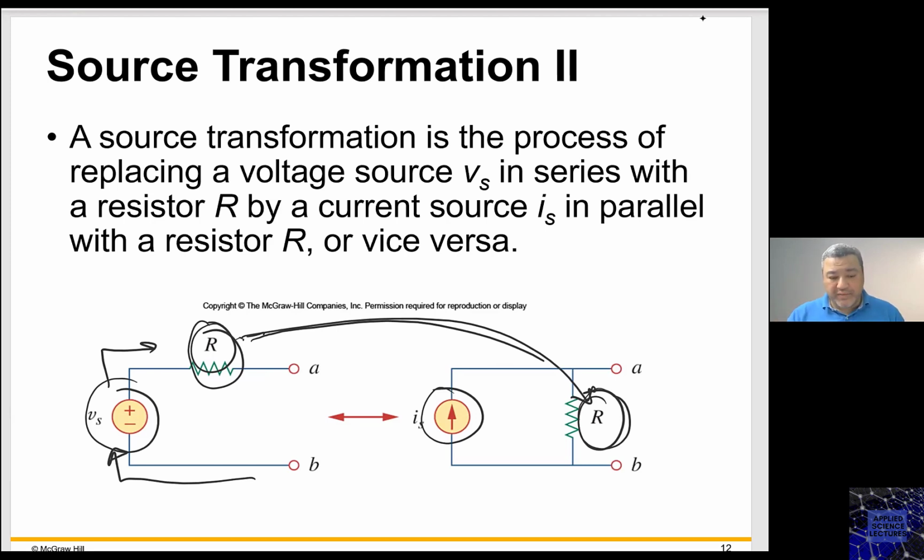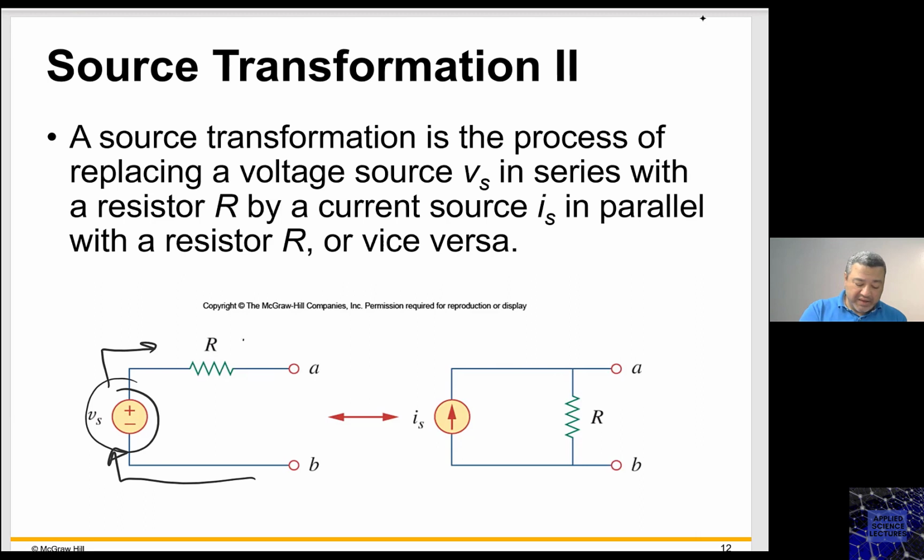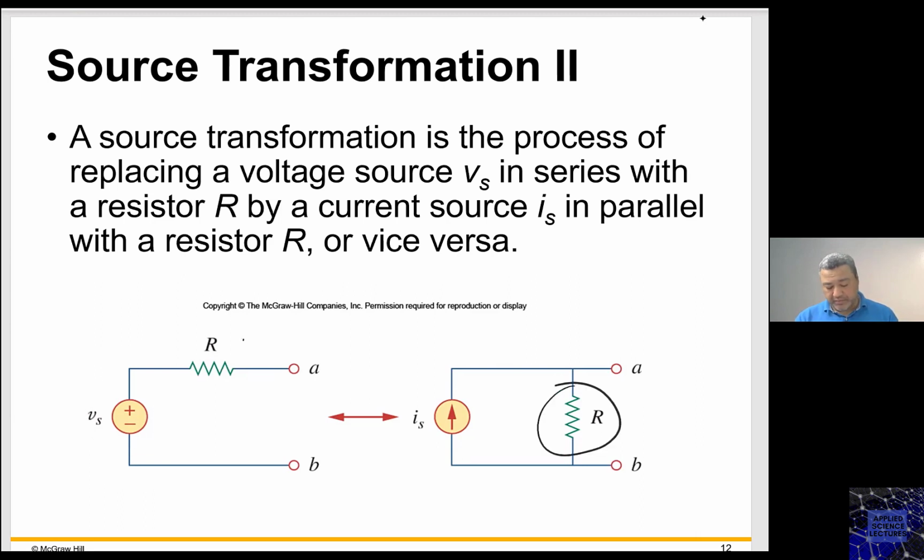You have to have this shape, a current source that has a resistance connected to it in parallel. In this case, this resistor stays the same. However, now it will be connected in series with the voltage source Vs, such that the current is going from positive to negative.